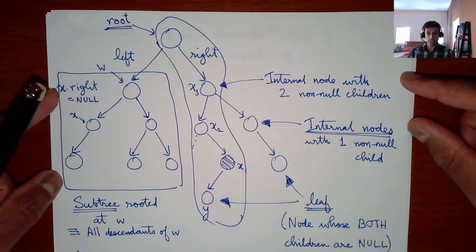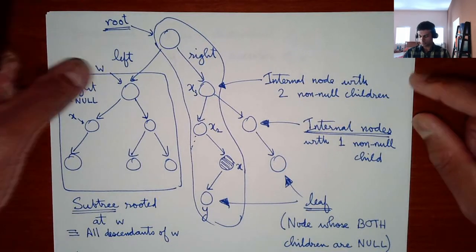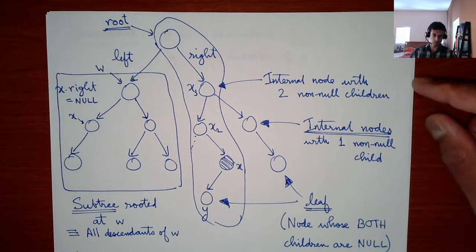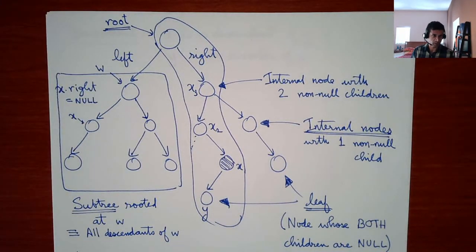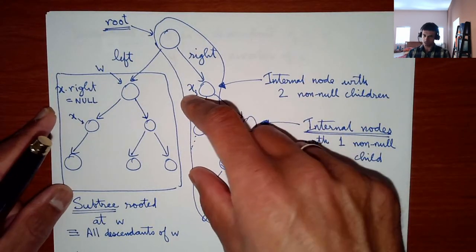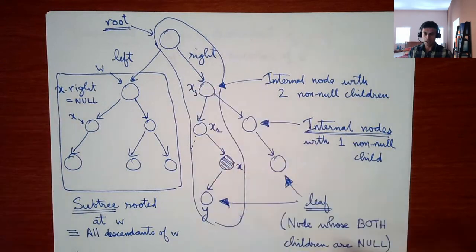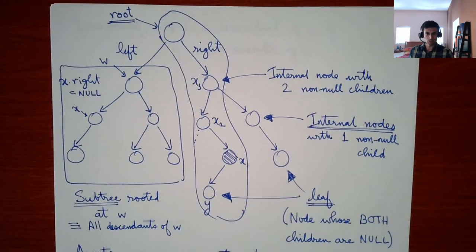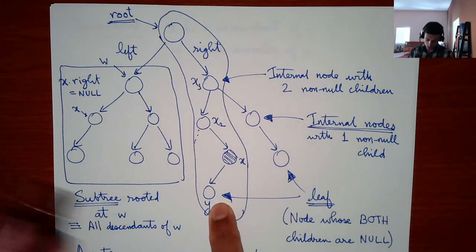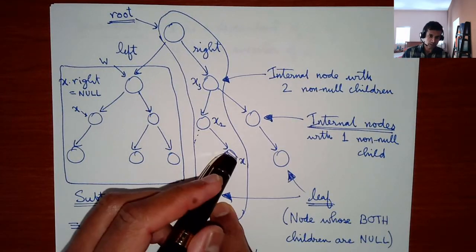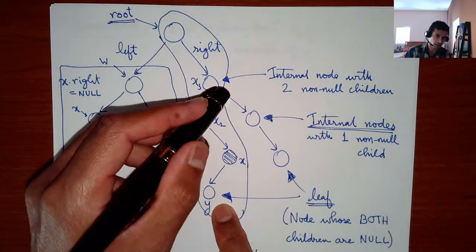The subtree rooted at W: if you pick a node, the subtree rooted there is essentially all of its descendants together in their tree structure. This is a subtree. And then we have the notion of ancestors and descendants. To get to the ancestors of a node, you just go to its parent, its parent's parent, and so on and so forth.